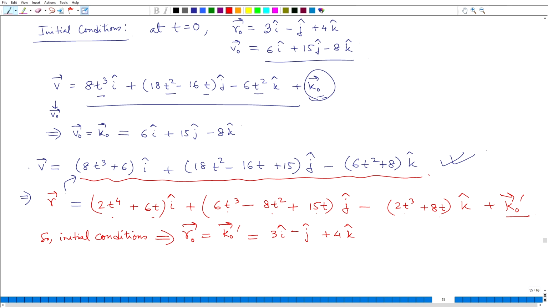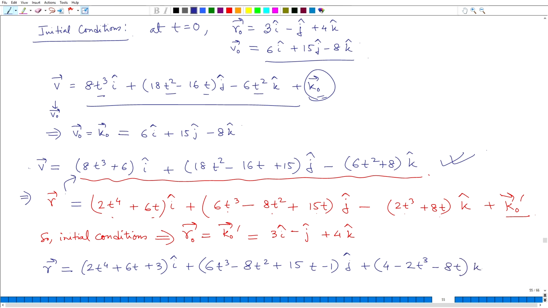If you use that, then for the final expression of r, I can use a different color or the original color which I was using, r is equal to 2 t to the 4 plus 6 t plus 3 i cap, plus 6 t cube minus 8 t square plus 15 t minus 1 j cap, plus 4 minus 2 t cube minus 8 t k cap.